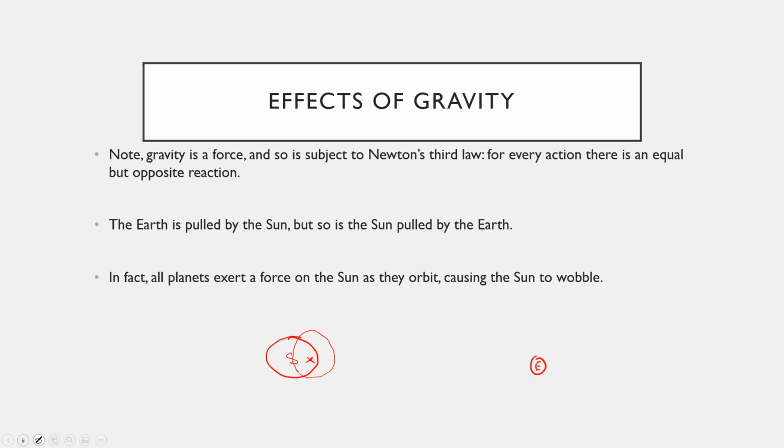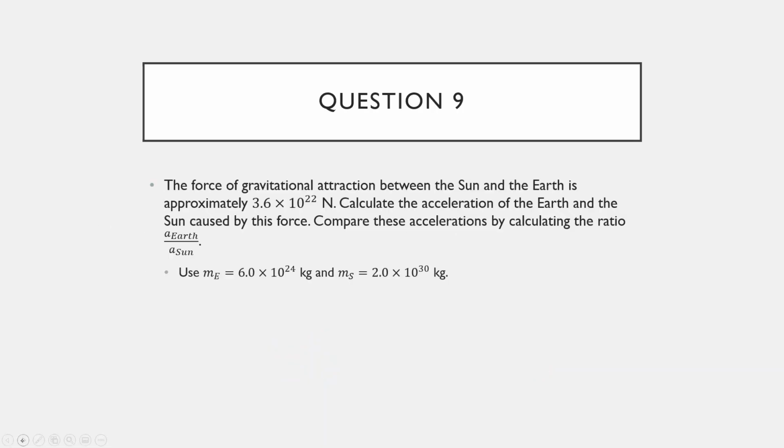All right. So question 9. The force of gravitational attraction between the Sun and the Earth is approximately 3.6 times 10 to the 22 newtons. Calculate the acceleration of the Earth and the Sun caused by this force, and compare the accelerations by calculating this ratio. So how do we calculate acceleration if we've got a force and a mass? Well, you just use Newton's second law. Acceleration equals force divided by mass.